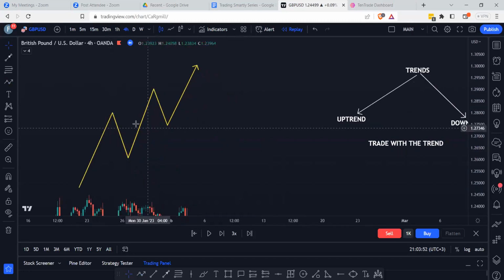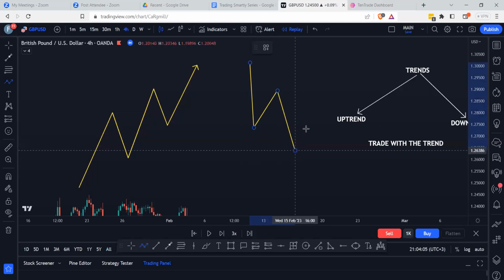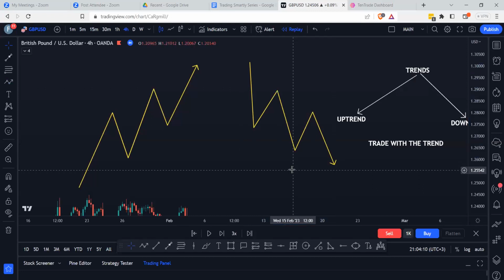This is zigzag format. You see price going up. For a downtrend, you see price going down. This is how price will go down. See this move. Zigzag format like this. This is how price moves.